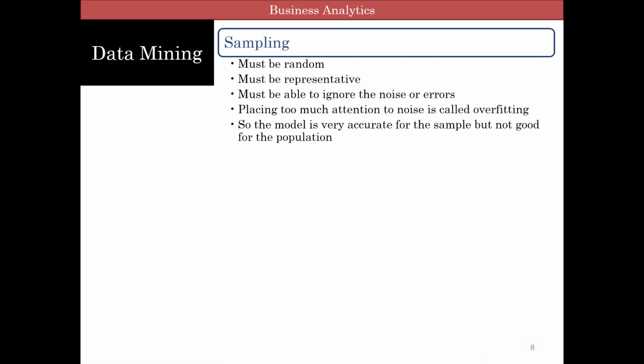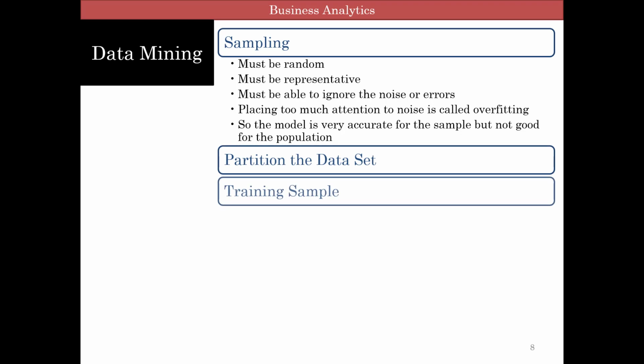So finally, when we look at data mining, I want to reiterate that sampling becomes really important. Sampling must be random, must be representative, must be able to ignore the noise and errors. And if you place too much attention on the noise or errors, it's called overfitting. And what will happen is the model becomes very accurate for the sample, but not really good for the rest of the population.